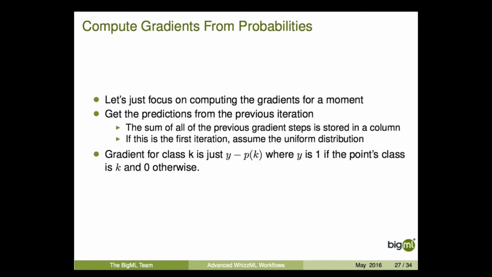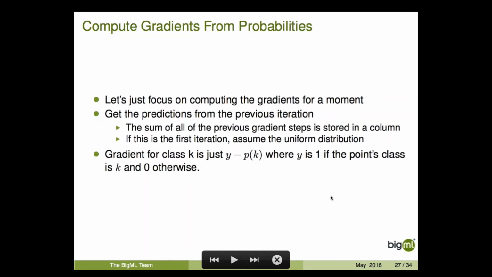Let's look at computing the gradient. Computing the gradient turns out to be pretty simple. All the gradient is the true class of the example, we're calling it y here, minus the currently predicted probability. So if the true class, for example, is 1, and the currently predicted probability of that class is 0, then the gradient is going to be 1.